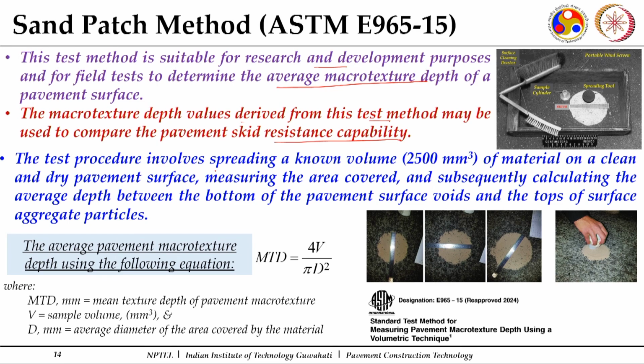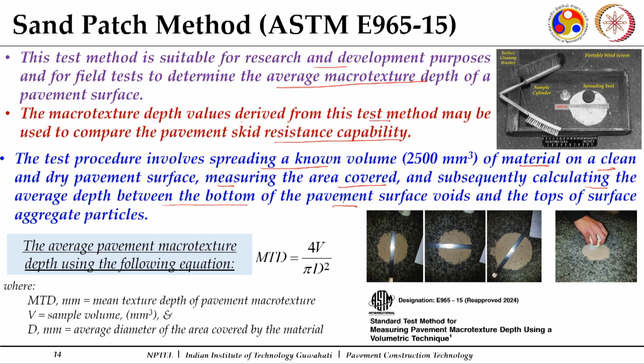And what is done? It is a simple volumetric test. It involves spreading a known volume of material, specifically sand with a typical gradation, on a clean and dry pavement surface, and for this given volume we measure the area which is covered and subsequently calculate the average depth.